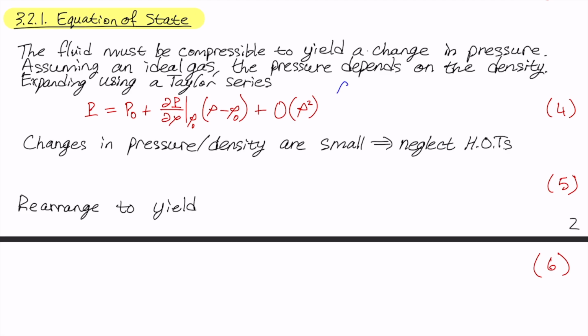So rho here, this is our total density or instantaneous density. So it includes the atmospheric density plus fluctuations. And then rho 0 here is the atmospheric density.